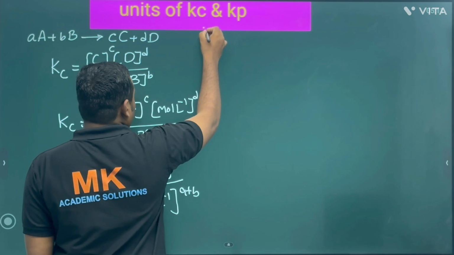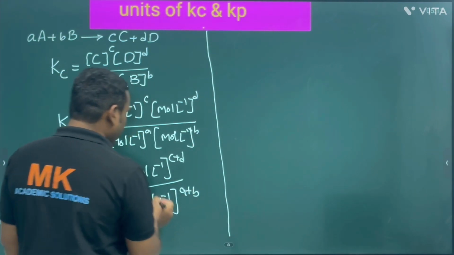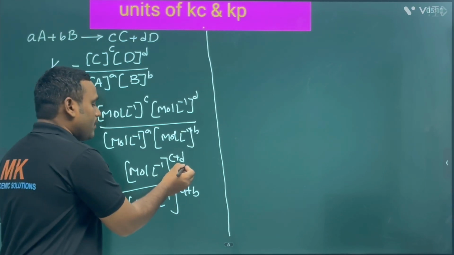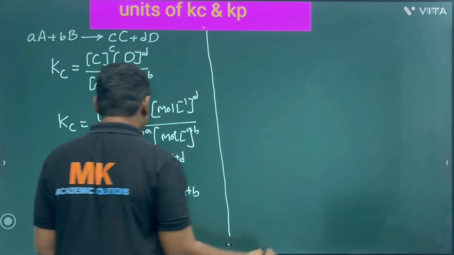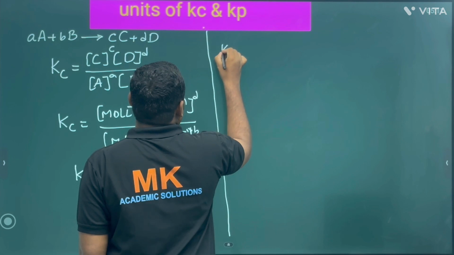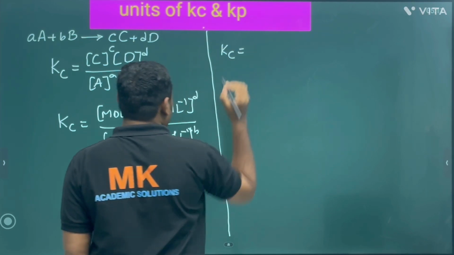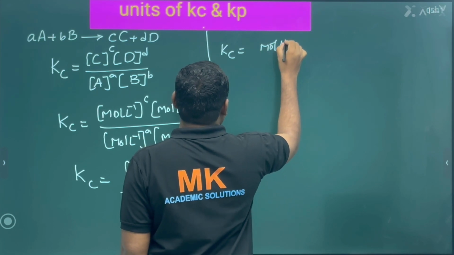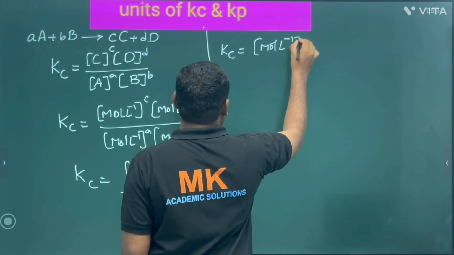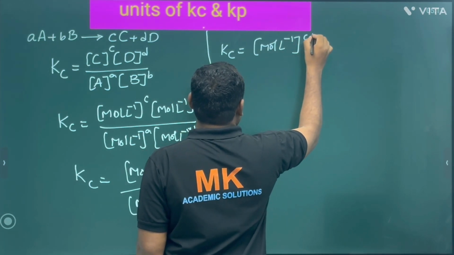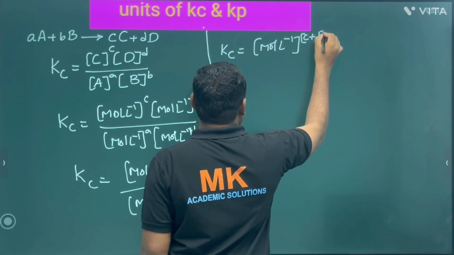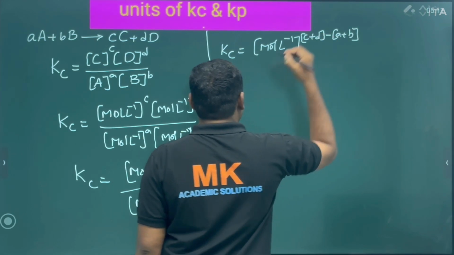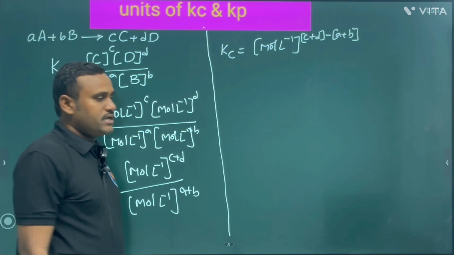Now see here, both bases are the same, but they are in a ratio, which means the powers must be subtracted. So we will get Kc equal to moles per liter to the power c plus d minus a plus b. Okay, this is the general unit of Kc.